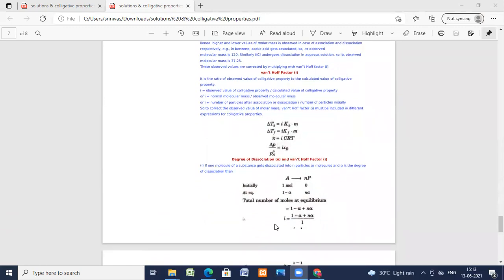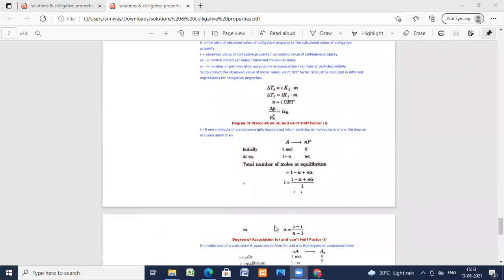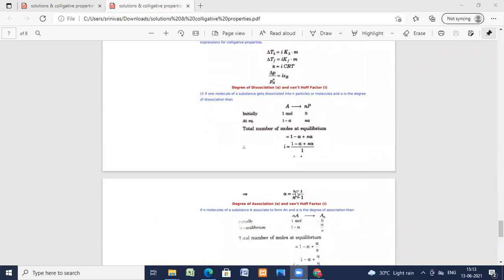Now, degree of dissociation and the Van't Hoff factor, how is it there for abnormal masses? See, α = (i − 1)/(n − 1). This is the formula you have to apply with the Van't Hoff factor for degree of dissociation.